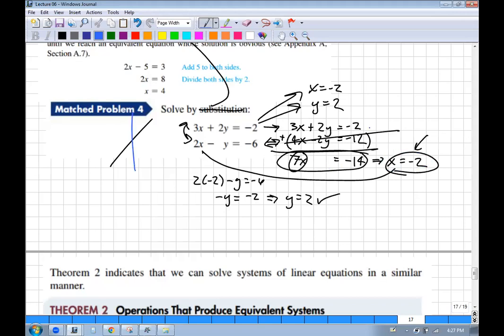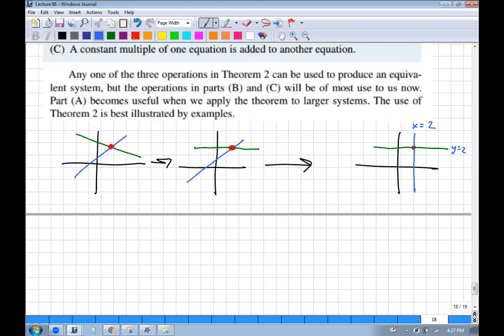Boop. So we still had this guy and this guy. So when we substitute this in here, we ended up with this, right? When we put that in there, this turns into that one. So we simplify it. So then we get rid of this guy and turn it into that. But that point where they intersect never changed. That point is the solution, right?